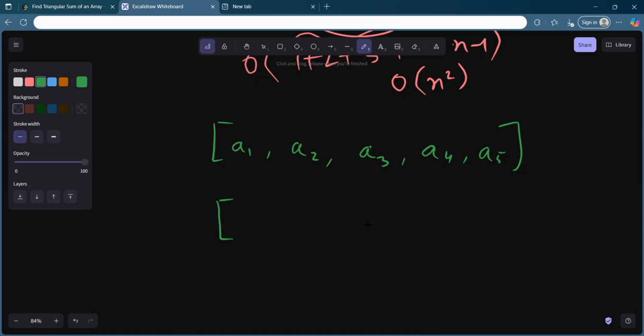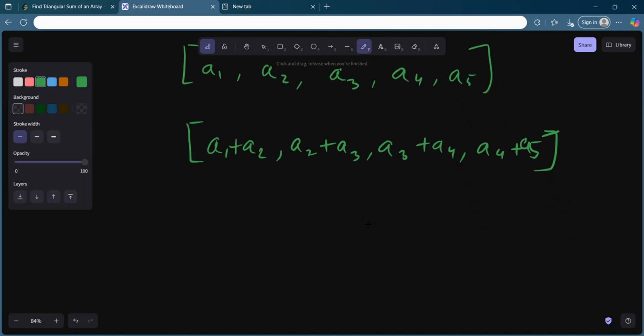So in the first step, what are we doing exactly? We are adding the first two elements, then the next two elements and so on. After the first step, we will be left with a1 plus a2, a2 plus a3, a3 plus a4, and a4 plus a5. This is what we will get, right?